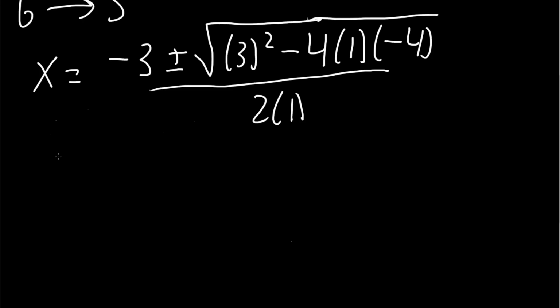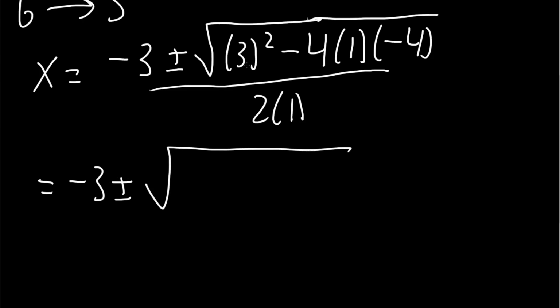And so this in turn would equal minus 3 plus or minus the square root. So 3 squared is 9, plus negative 4 times 1 is negative 4. Negative 4 times negative 4 would be plus 16, divided by 2.